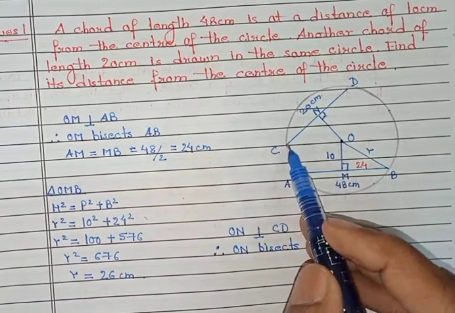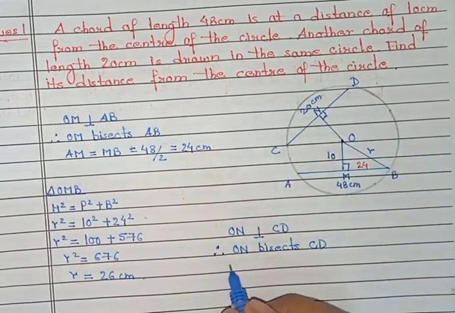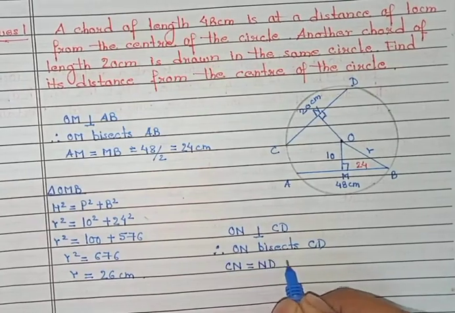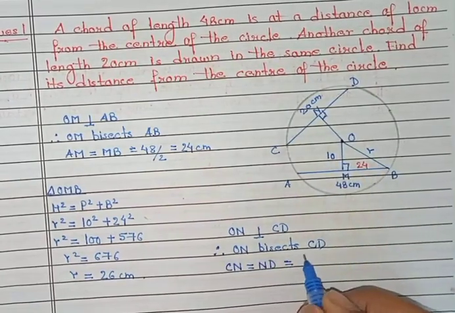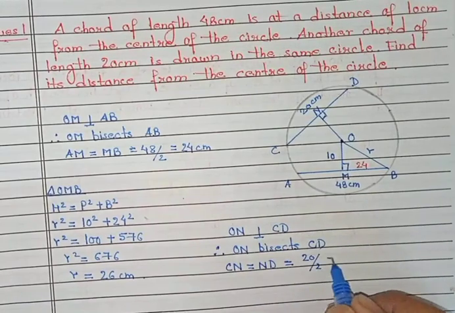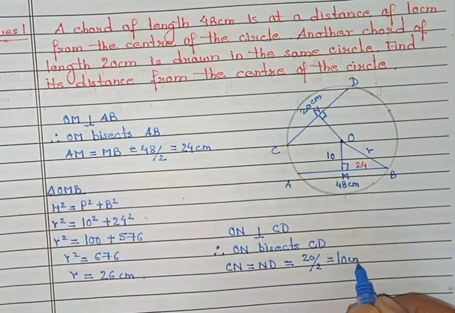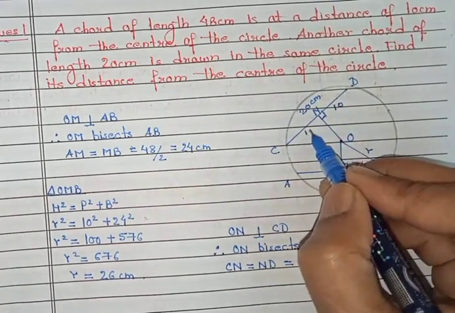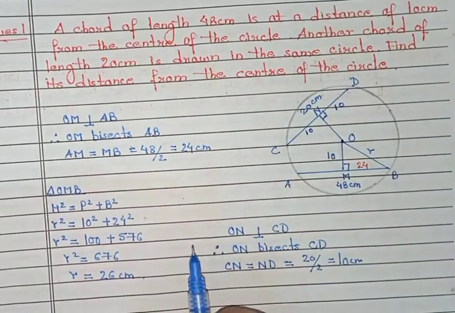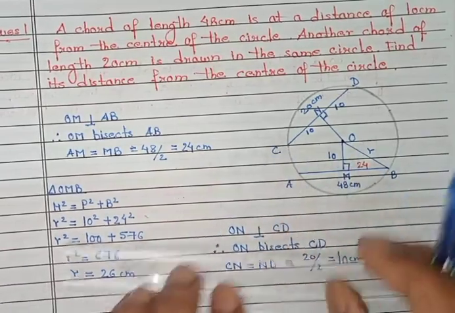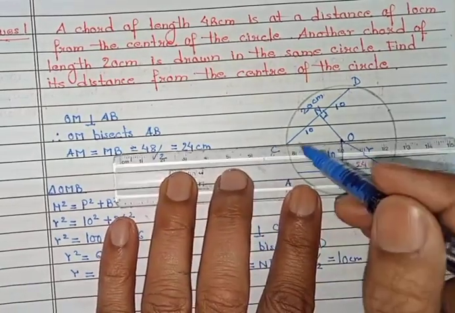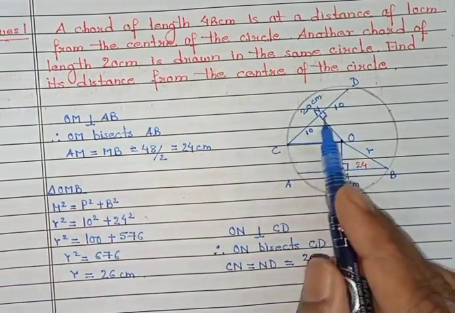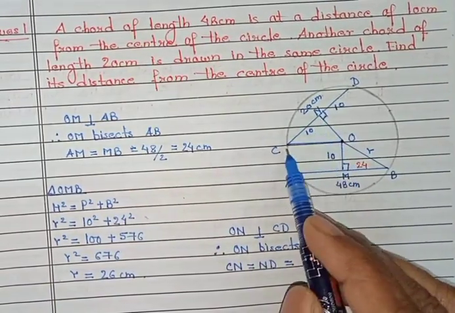So we can say CN is equal to ND, that is, it will be half of 20, that is 10. So these two parts will be of 10 centimeter each. Now what we will do, we will join OC to get another right angle triangle. So let's join OC. So you are getting another right angle triangle OCN.